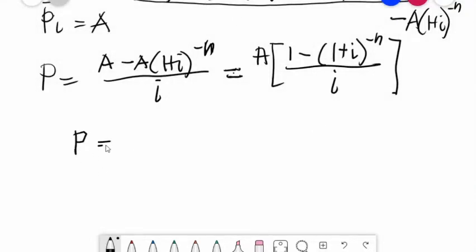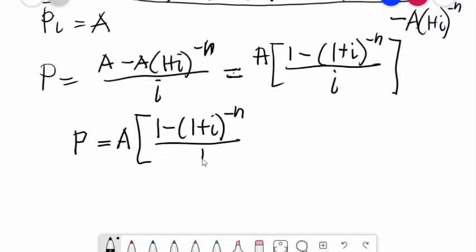So, present is equal to annuity multiplied by 1 minus 1 plus I raised to negative N divided by I. Okay.